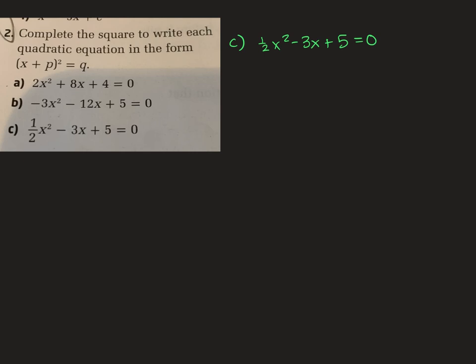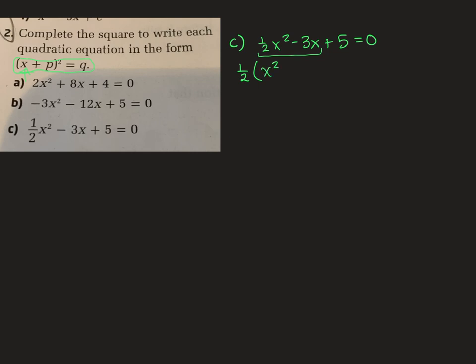But here we go. So completing the square, we want it to look like this, (x plus p) squared. So we have to have a trinomial that can be factored into a perfect square binomial. So first thing I would probably do is do it just like we did with quadratic functions. We're going to underline these two x terms, and we want to factor out whatever's in front of x squared. Okay, so 1/2 gets factored out, so that would leave x squared.